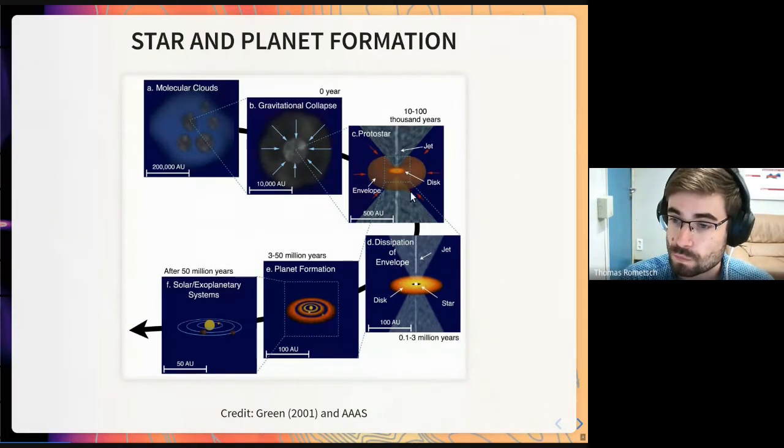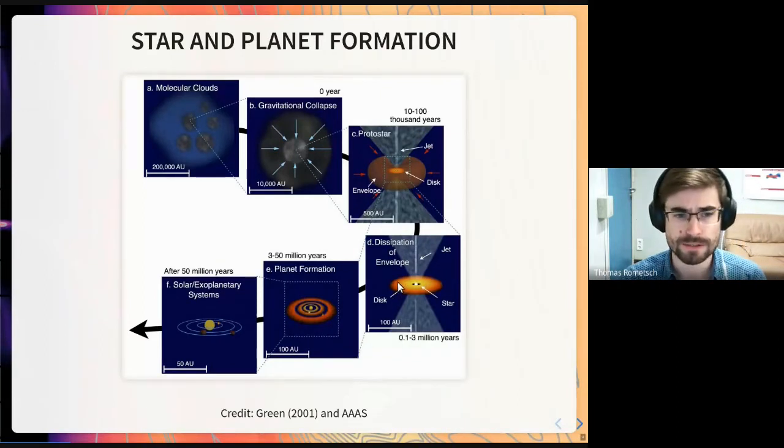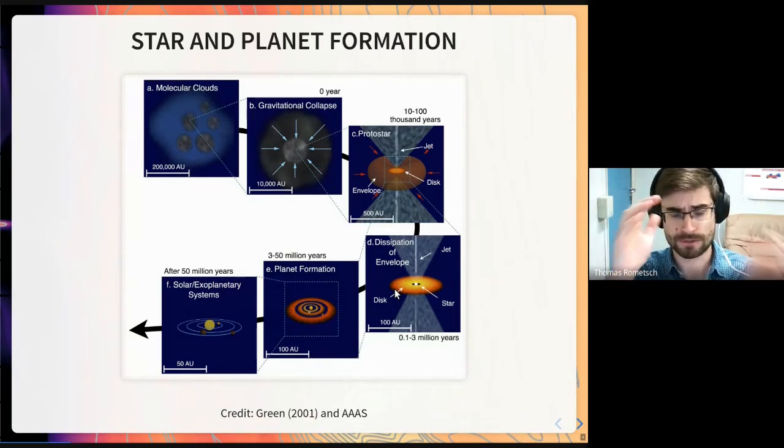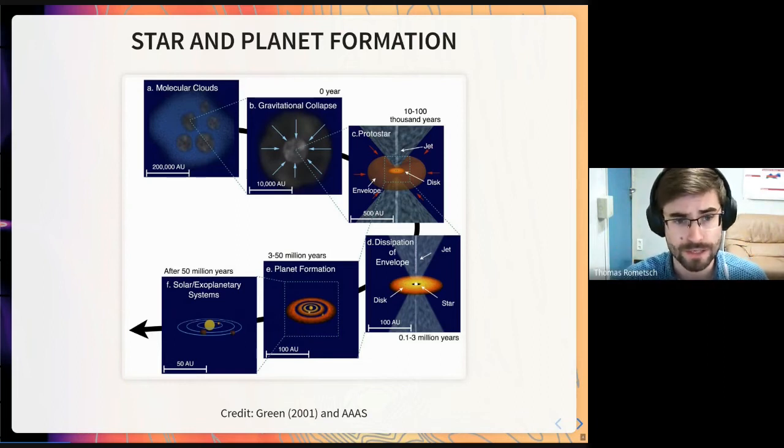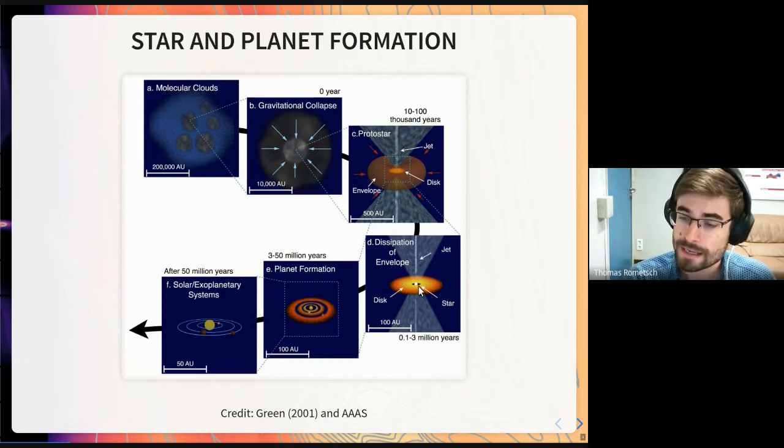And when most of the mass is accreted, we have a disk left over as a consequence of angular momentum conservation, right? Most stuff just rotates slightly. If you just have shear motion in the molecular cloud, you have rotation and angular momentum with respect to the central point of the collapse. And as a consequence, we have a disk.